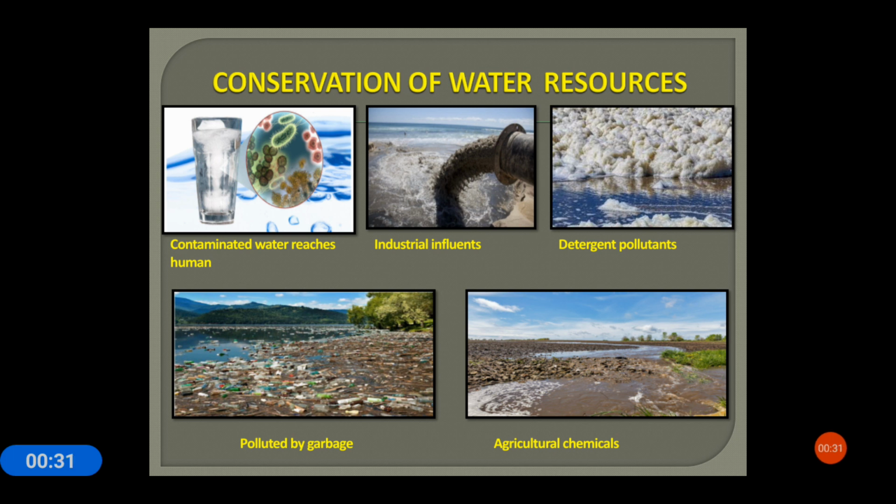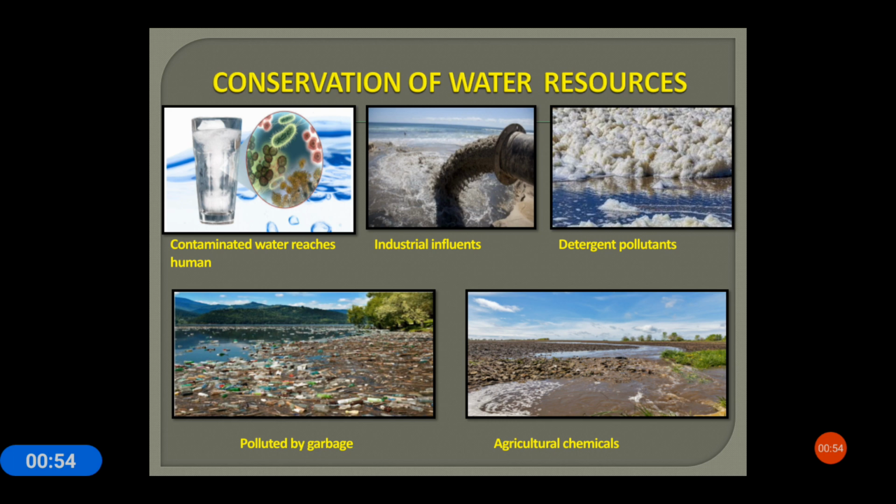They pollute water with nitrates, metals, and pesticides. Most of these chemicals are not biodegradable and reach human bodies through water. Water pollution can be controlled by treating this effluent suitably before releasing it in water bodies.